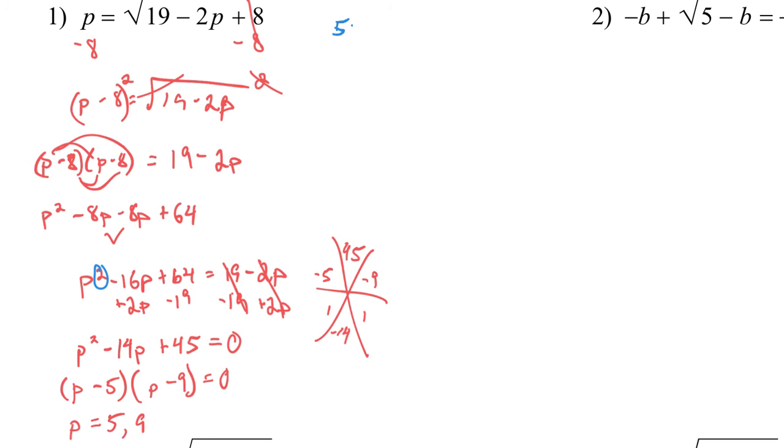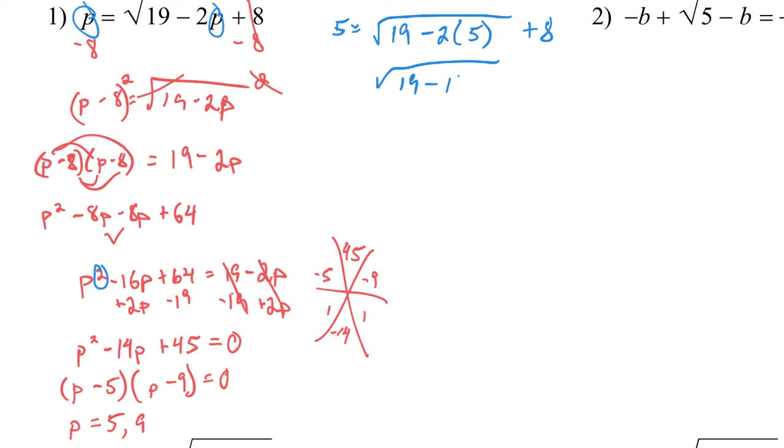So 5 equals, wherever there's a p, I'm going to put a 5. 5 equals square root 19 minus 2p, so 2 times 5, and then outside the square root, I have plus 8. So I've got the square root of 19 minus 10, square root of 9 is going to be 3 plus 8, which is not going to be 5. So that one doesn't work, right?